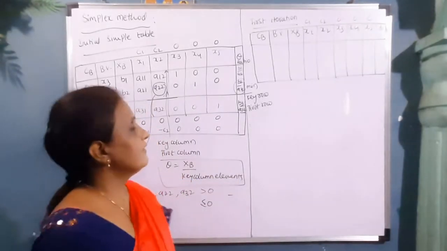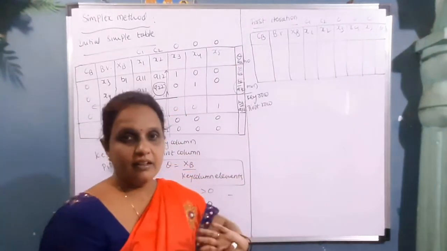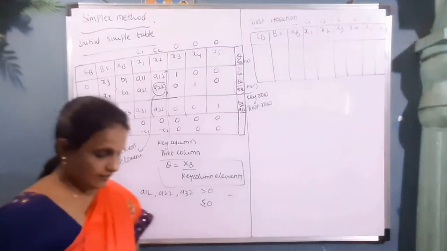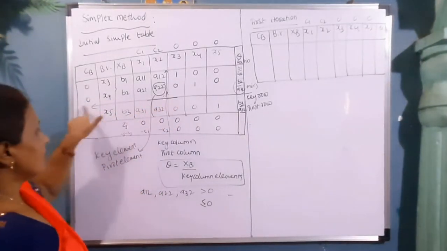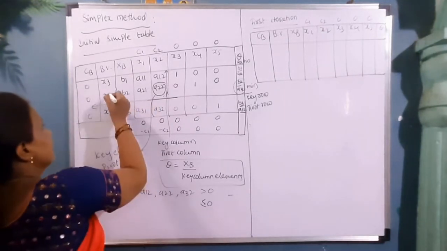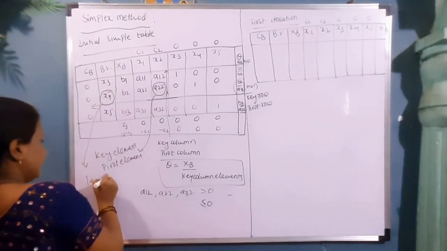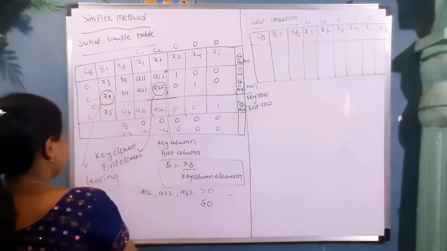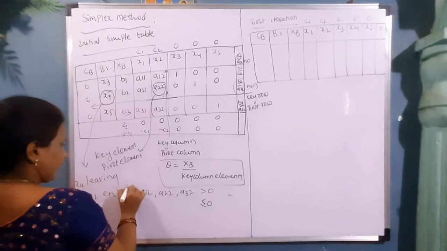Now we will fill the first iteration's new table using this old table. Coming to the old table, whatever key column and key row we have, it means X4 is leaving the table and X2 is entering. So X4 leaving, X2 entering.